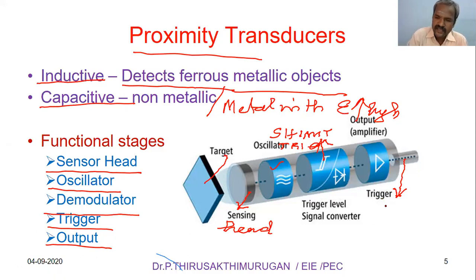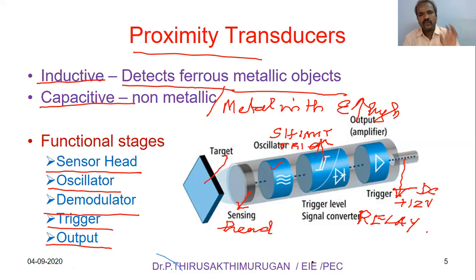In most cases this will be a relay, an electromagnetic relay, because the output from this stage is DC of, say, only 12 volts.